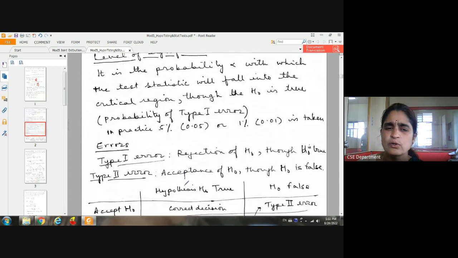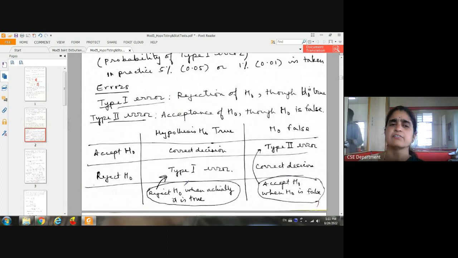Okay, now the next important thing they ask is type 1 and type 2 errors. When you have a hypothesis, suppose we go back to our example of 800 hours as the average life of bulbs that the factory manufacturer tells. Now say you are from a different company, a residential hotel lodge, and you want to buy a big lot of bulbs.